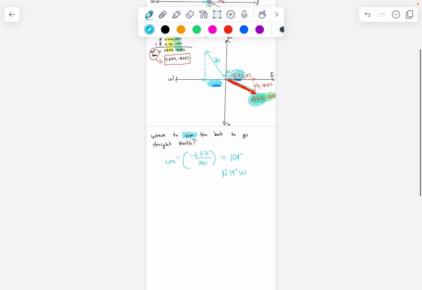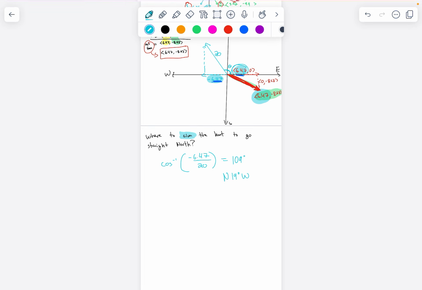Why is that the case? Well, if we break our vector into component form, here it is, 20 is the magnitude. We can put our north, south, east, west system about it. Good enough. We say we are going 109 degrees is this angle.